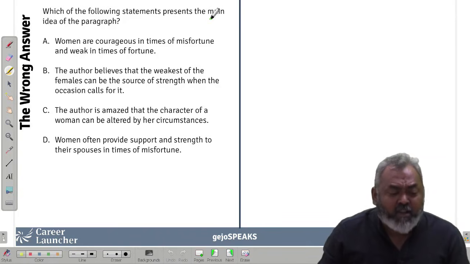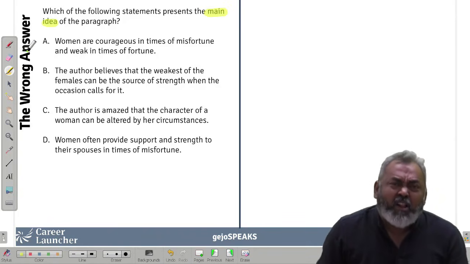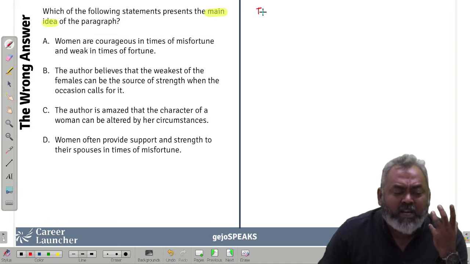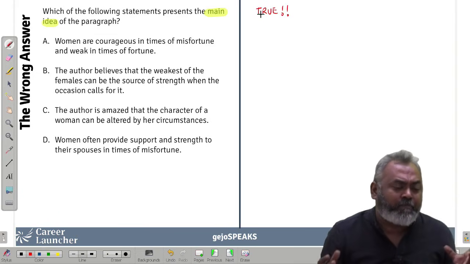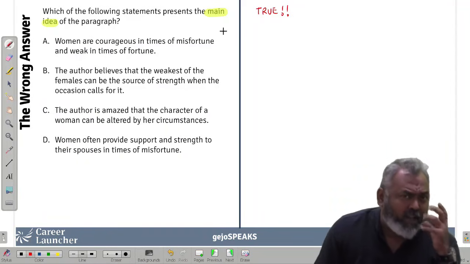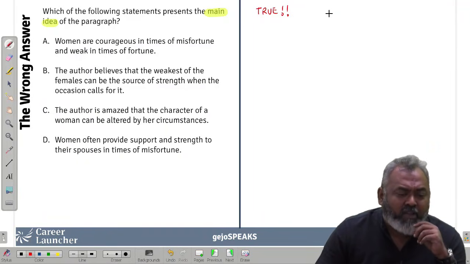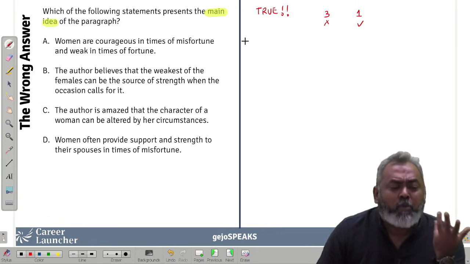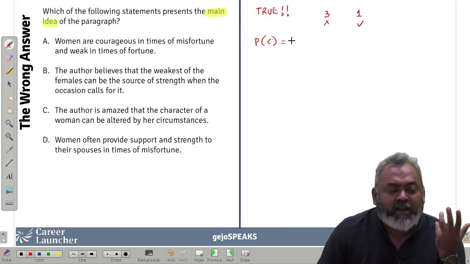Now, the question is asking about the main idea, right? The first thing is that I have to look at a statement that is true. That's my most important thing. The answer choice must be true. Whenever you look at a question, there are 3 options which are wrong and 1 option which is right. So the probability of an option being right is 1/4, and the probability of an option being wrong is 3/4.